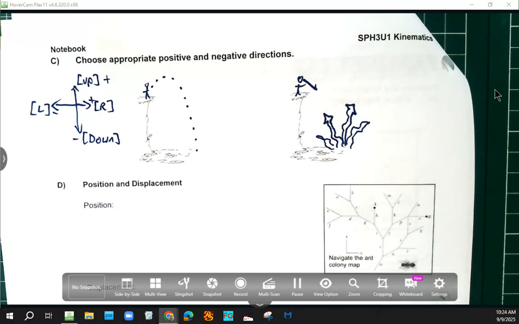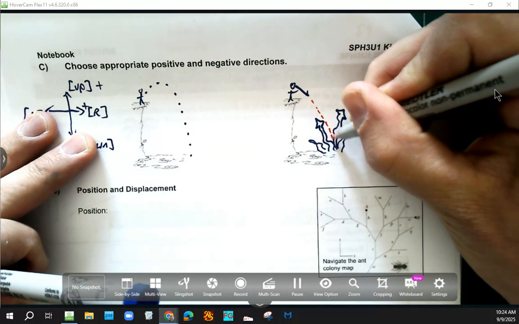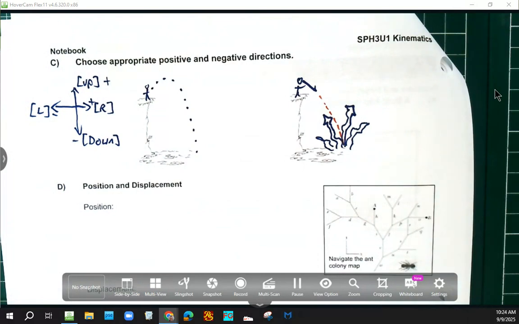Anyway, what you're not going to do is lob the spear, because the sea monster is going to see it coming. You're going to fire that sucker straight down, right into the heart of the beast. And in that situation, at no point does the spear go up. At every point, isn't it going down? And so, even though this is the same cliff, we're going to call down positive.